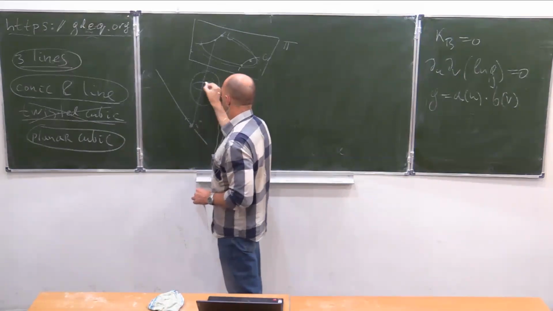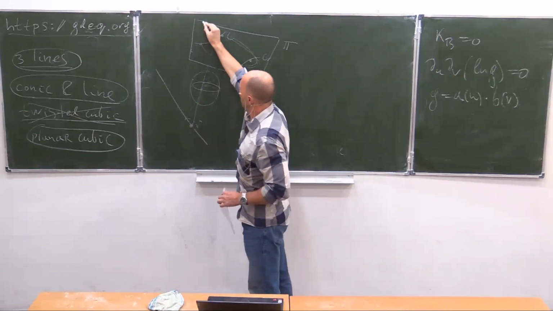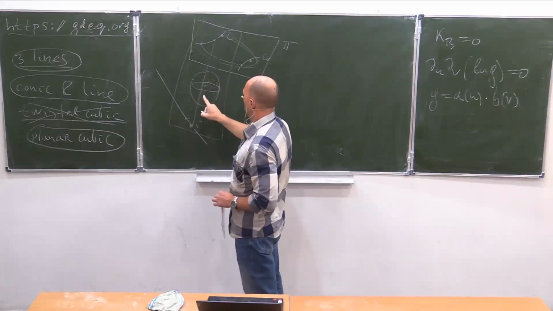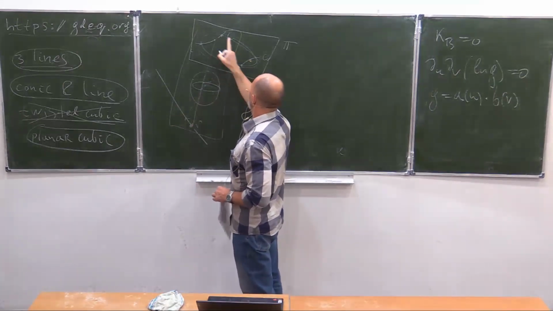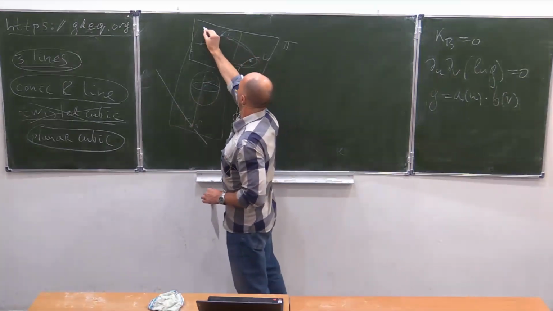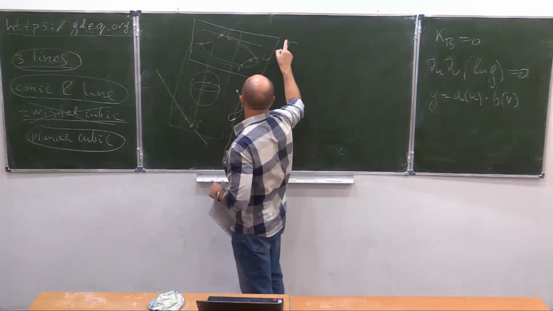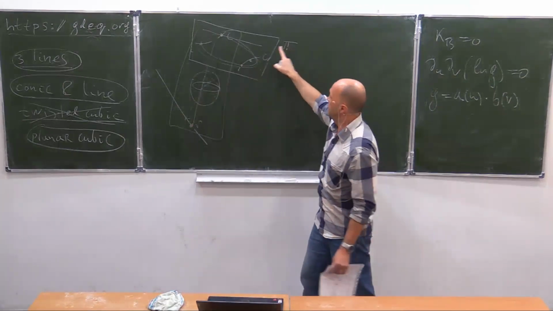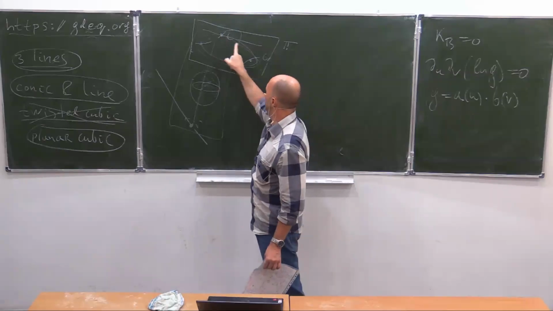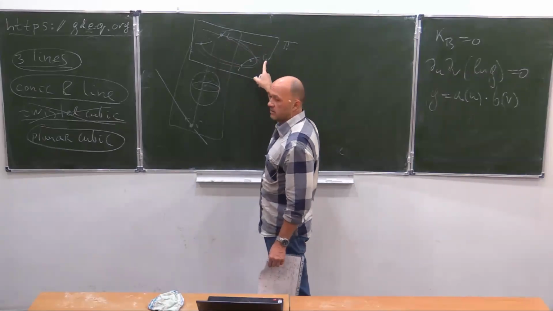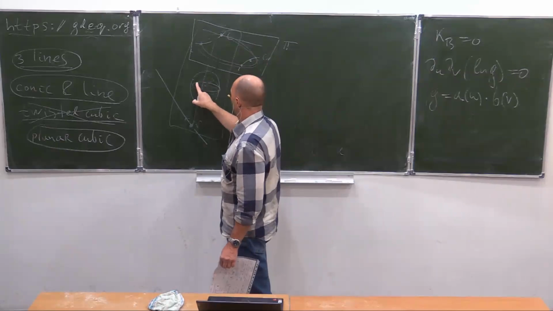We have here a circle, then the tangent plane to the Darboux quadric at this point will intersect the running conic CR. At one point, it's a tangent. It will intersect the plane P at a line, but from the construction, it's easily seen that it's a tangent to the running conic, right?